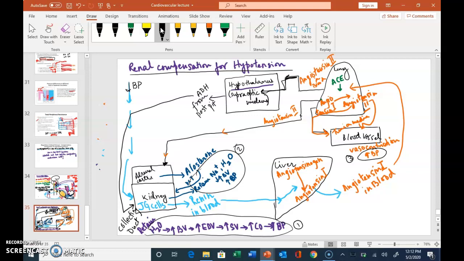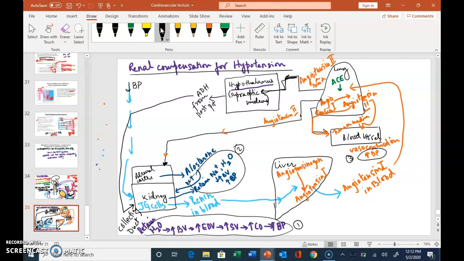As we retain more water in the body and we excrete less urine, that will obviously help to increase blood volume, which in turn increases end-diastolic volume, which in turn increases stroke volume and cardiac output, resulting in increased blood pressure. So this is the first compensatory mechanism we looked at when talking about the renal compensation.